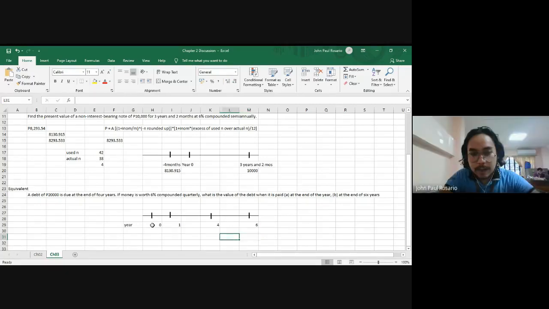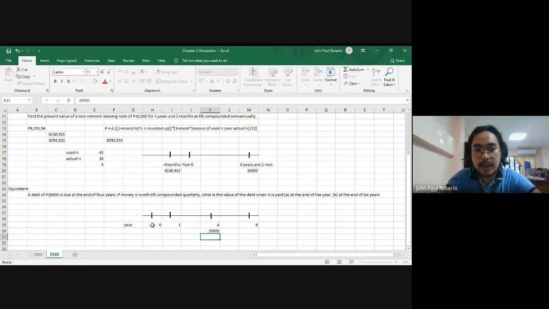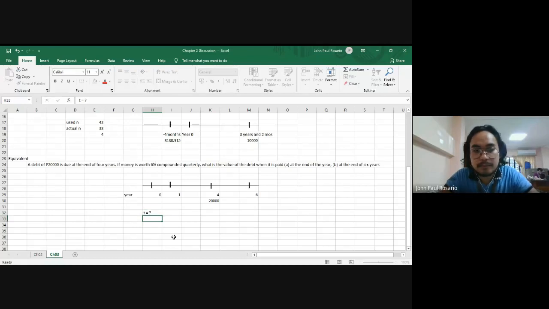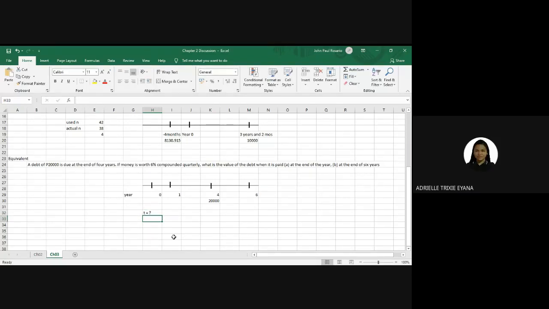So the debt's value on year 4 is 20,000. The question here is what is the equivalent value at year 1. So meaning we simply have to solve for the present value, right? Now what is our n, or what is our t that we will use?